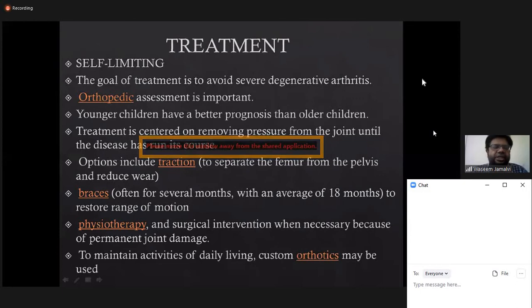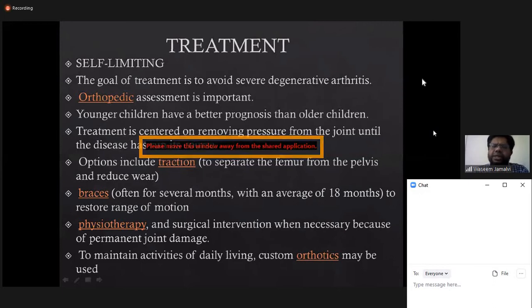If it starts before the age of 6 years, they can improve when the medial circumflex femoral artery starts supplying blood to that area. So the chance of recovery is very good, and that's why it's a self-limiting disease. But the goal of treatment is to avoid degenerative arthritis, the long-lasting pain in the hip joint.